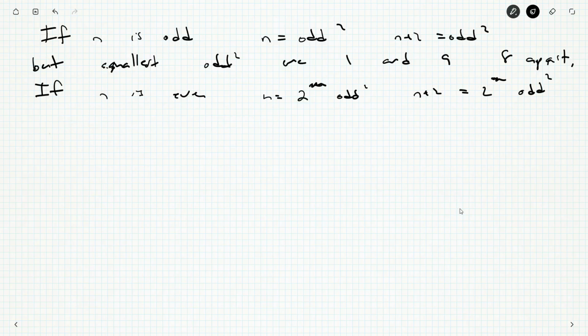Basically, the point is, if you've got some odd squares, so our claim sort of is, 2 to some power of an odd square is at least 8 apart.